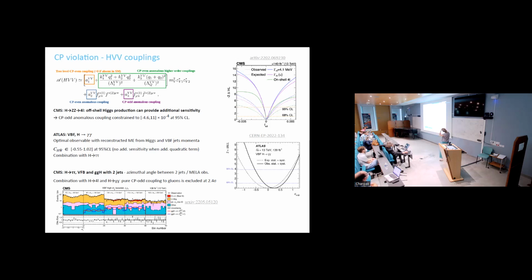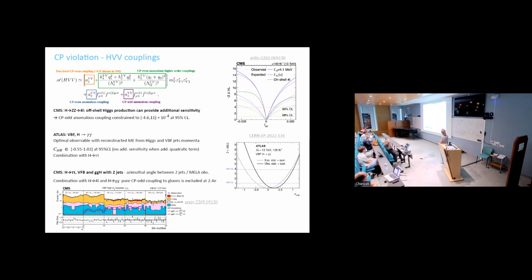The production modes have been scrutinized as well in the VBF mode, and here we have a new result by ATLAS in the H to gamma gamma production mode. What is used is matrix element techniques, which are combined in optimal observables. And here you have a nice constraint on this operator, which is interesting.